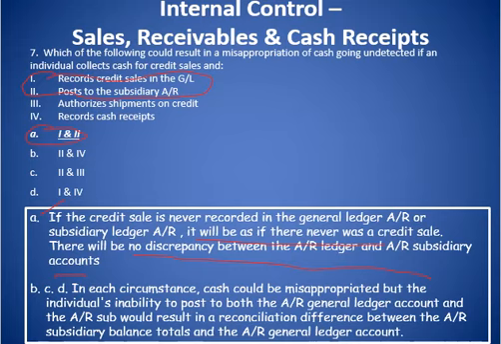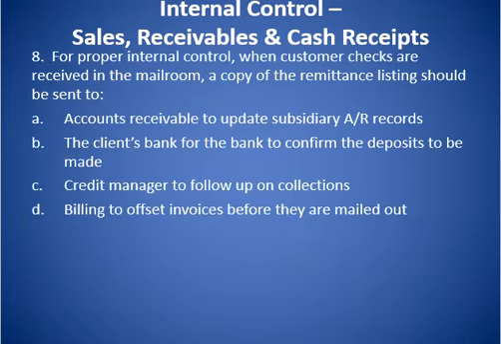Okay, let's take a look at number 8. For proper internal control, when customer checks are received in the mailroom, a copy of the remittance listing should be sent to, and again you have your 4 choices: stop the video, ascertain what you believe to be the correct answer, restart your video, and review your answer slide.